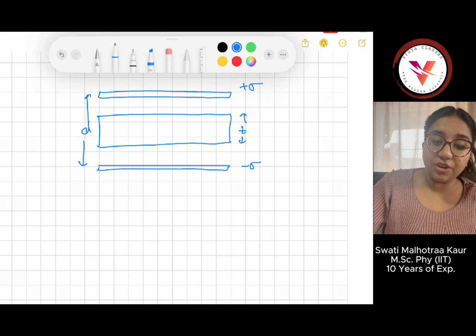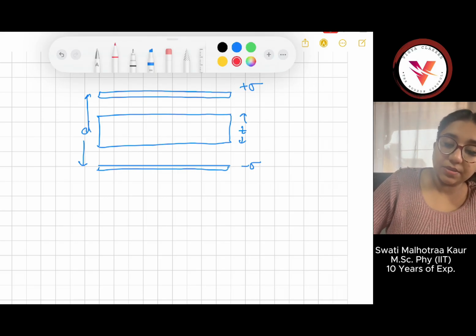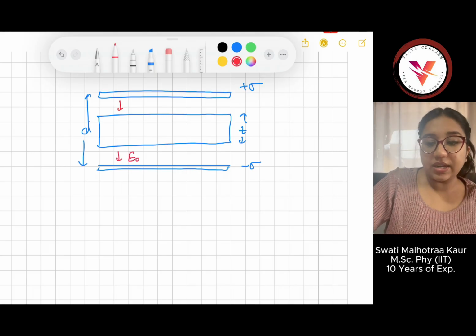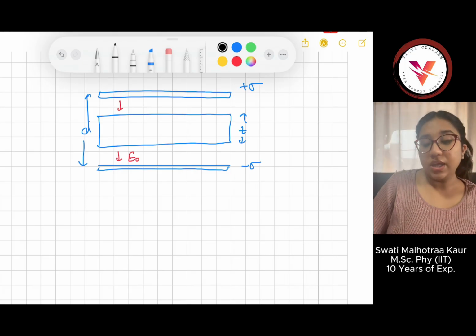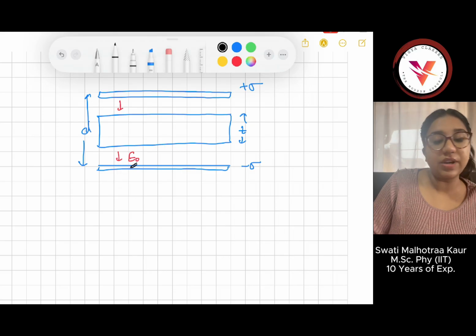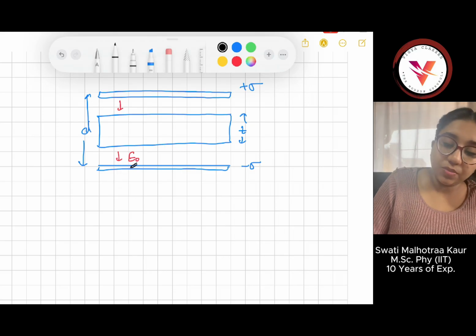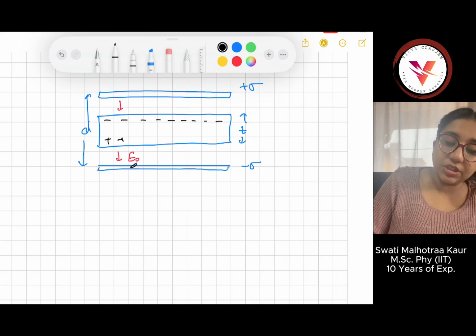Now the electric field, basically, first an electric field is developed between plus sigma and minus sigma, which is E naught. And then the polarization will occur in such a way that the external electric field is E naught. Because of this, the negative charge would be here, the positive charge would be here.